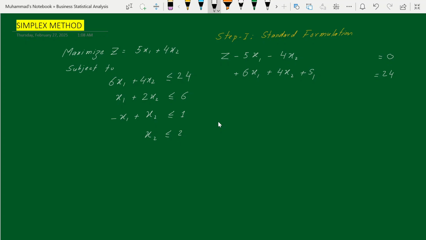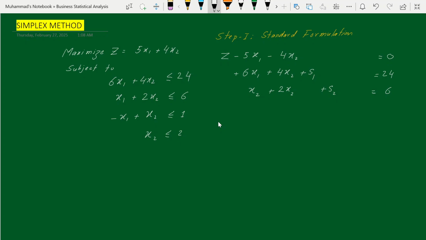Similarly, we have a second constraint. For the second constraint, we introduce another slack variable, which is represented with s2. So I can write x1 plus 2x2 plus s2, and this is equal to 6.